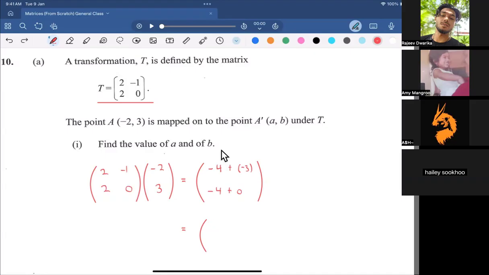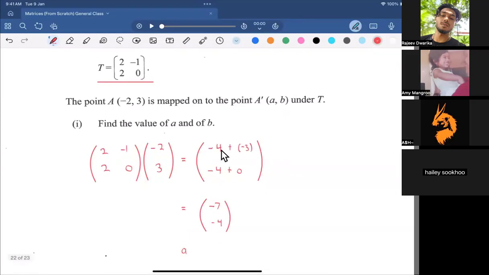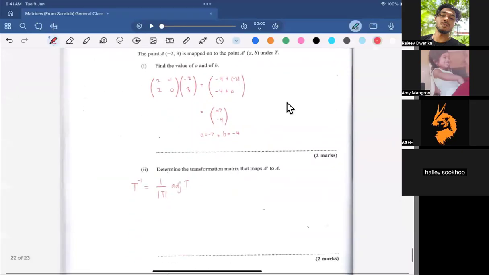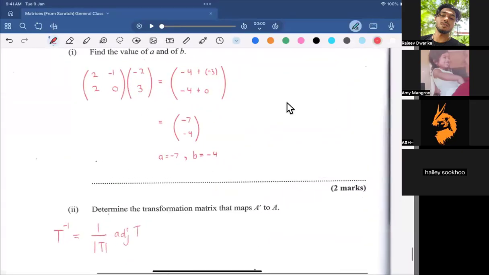And what's -4 plus 0? -4. Right. So what are A and B? A will be -7 and B will be -4. Right. So this is why I said you all should have finished this question in like 3 minutes or less. So Healy, let me know if you understand. That's all the working you have to show. Yeah. Right? Cool.